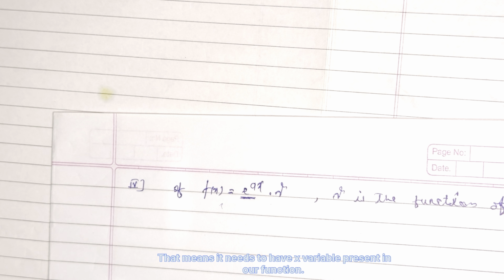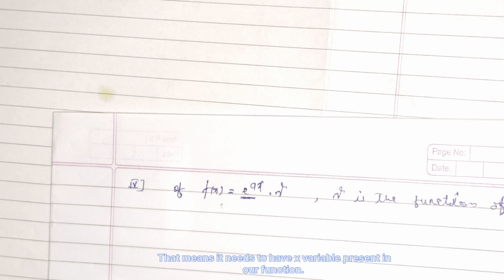That means v is the variable that contains the x value. Now replace phi of x in our given particular integral. So how does it look? 1 upon f of D into e raised to ax into v.